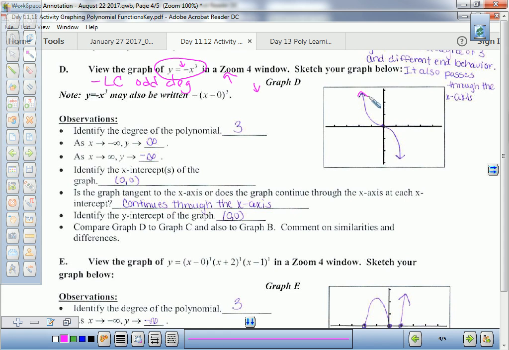Do you see how it's going up over here and down over here? Now, this one changes curvature. Do y'all see that? It goes from concave up to concave down. This is an inflection point. Why is it? This factor is raised to an odd power greater than 1.